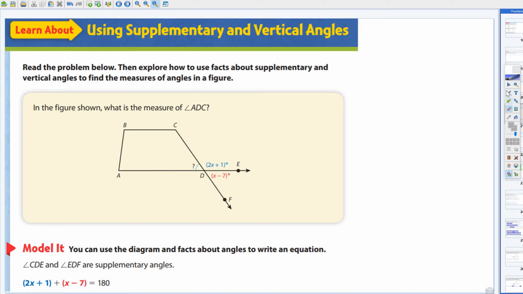Two angles that add up to 180 degrees. You can see this is a straight line, a straight angle. These two will add up to 180 degrees. So I like what they did here. They separated those angles: 2x plus 1, plus x minus 7, equals 180. And then obviously they will solve it.